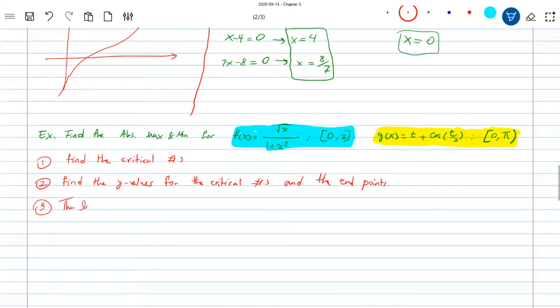The largest y value is the absolute maximum, and the smallest y value would be the absolute minimum.